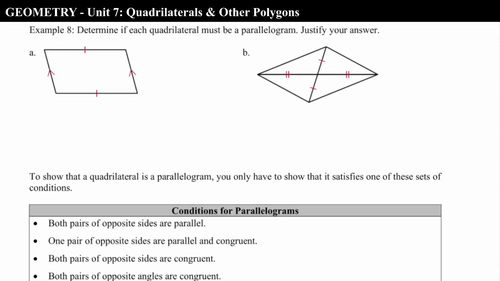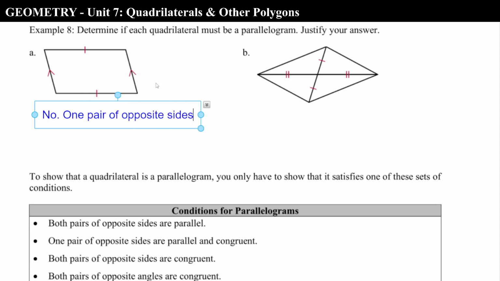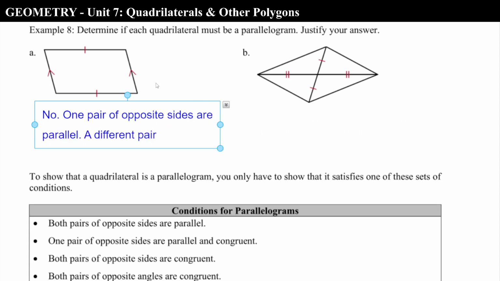All right, example 8. We are going to determine if each quadrilateral must be a parallelogram, and we're going to justify our answers. So, for A here, our conclusion is no, this is not necessarily a parallelogram. The reason being is one pair of opposite sides are parallel, and a different pair of opposite sides are congruent.